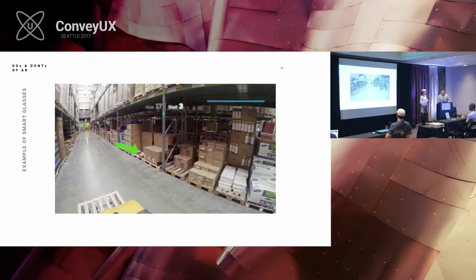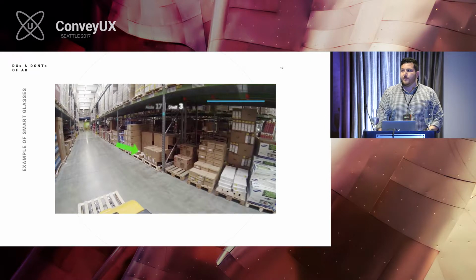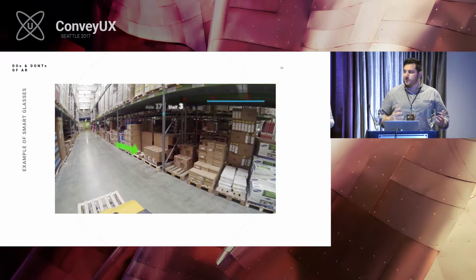And then finally, there's smart glasses. This is really a conceptual view of Google Glass. What we've noticed is that a lot of the useful application is found in the industrial space, where workers need to have their hands free because they're doing work.